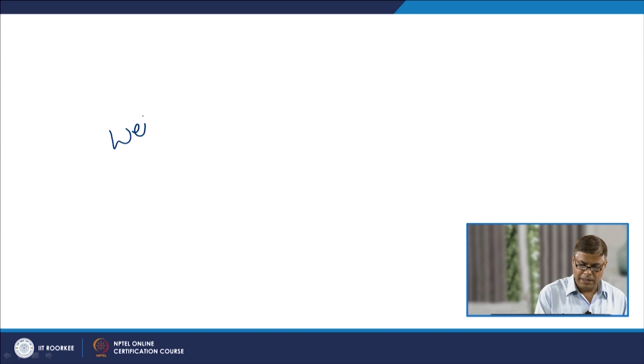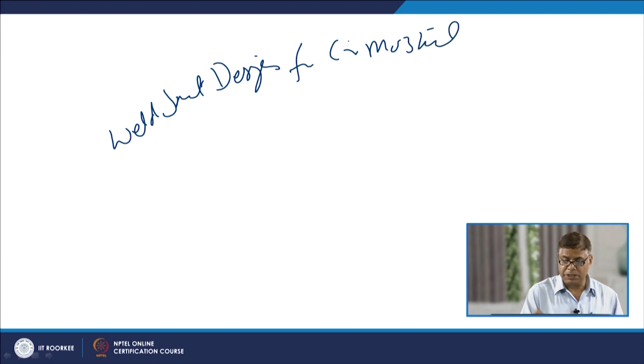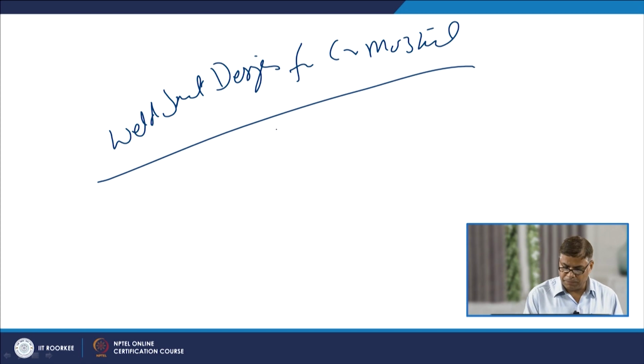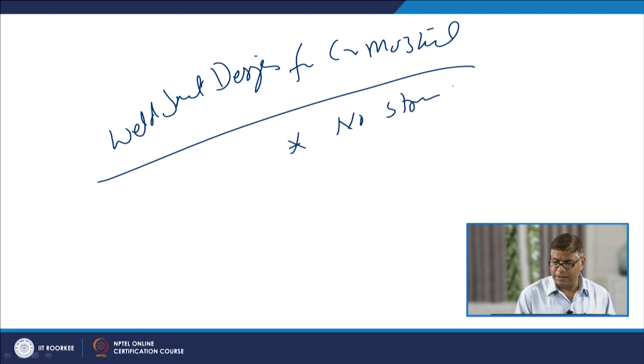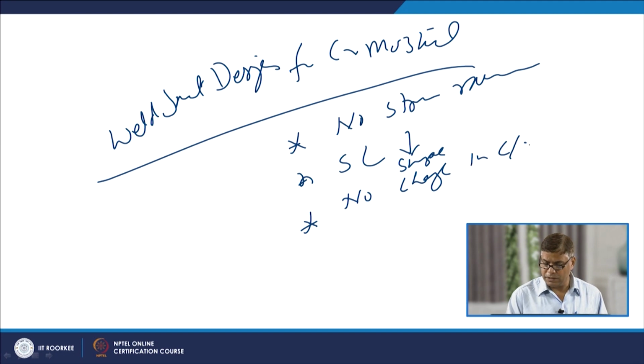Therefore, the weld joint design for chromium molybdenum steel must ensure that there are no stress raisers, that stress concentration is minimized, that there is no sharp change in cross section at the toe of the weld or in the cross section of the component, and that weld discontinuities are minimized.